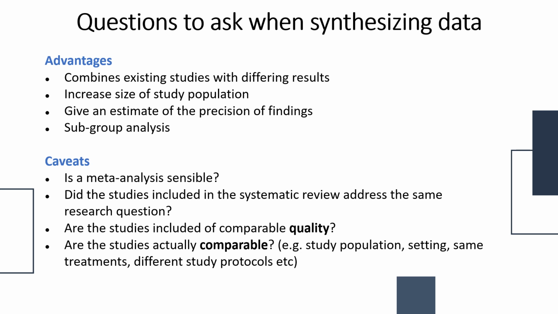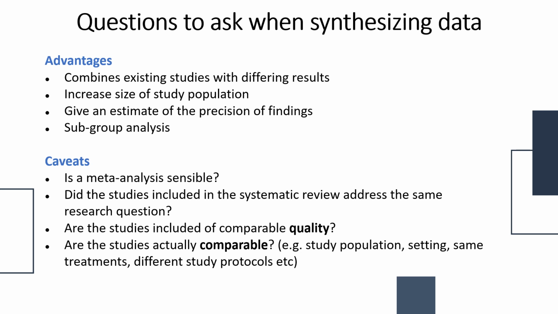However, you need to think, is a meta-analysis on this topic sensible? Did the studies included in the review address the same research question? And were the studies designed to address the research question which you are asking? Are the studies that are included of comparable quality?